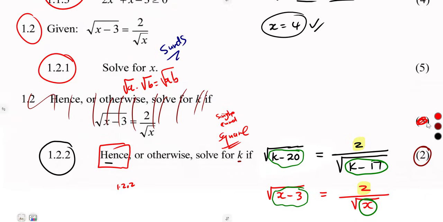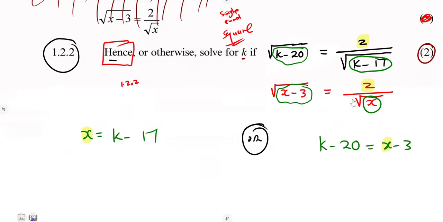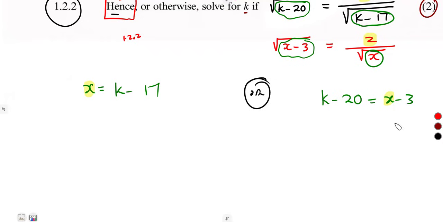So substitute that, when x is 4, and solve for k. If x is 4, what is going to be the value of k? That's it. So minus 17 to the other side, that's a positive 4 plus 17 equal to k, so that's 21.